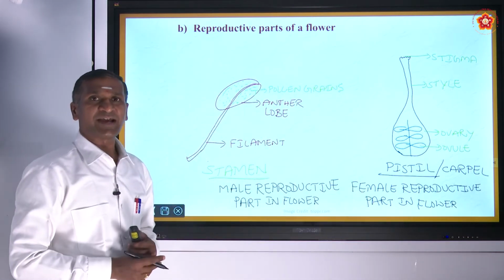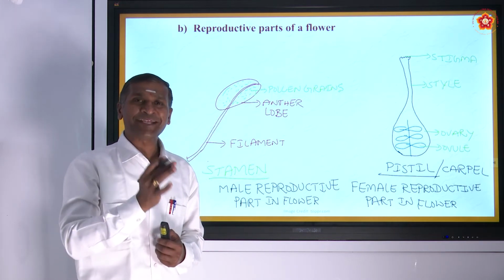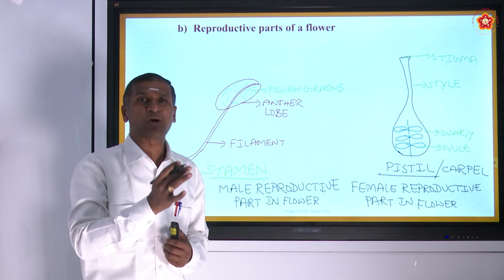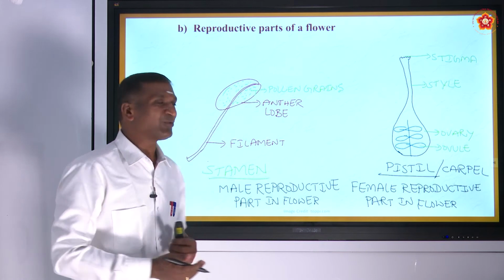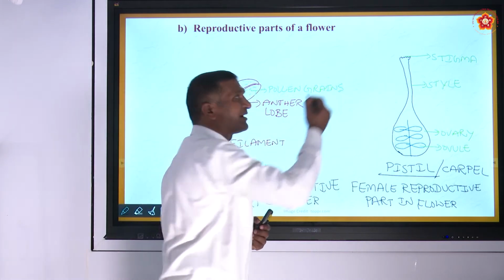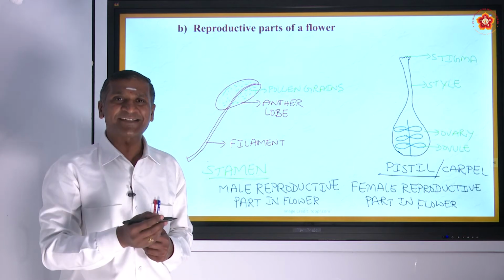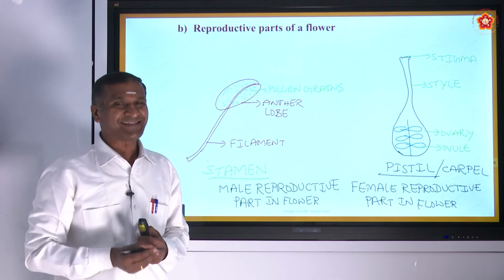Very important diagrams from the exam point of view. They may ask, draw a neat diagram of pistil and label the three important parts. You need not draw the complete flower. You can draw only the pistil diagram, which has a sticky stigma, an elongated style and a bulged ovary with ovules inside.